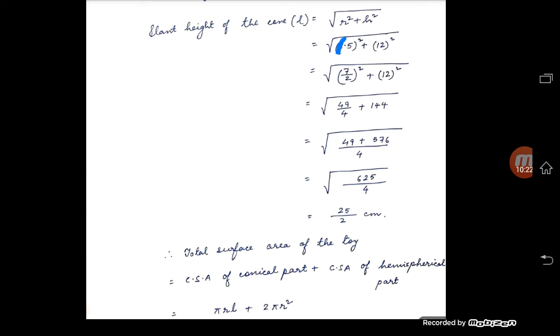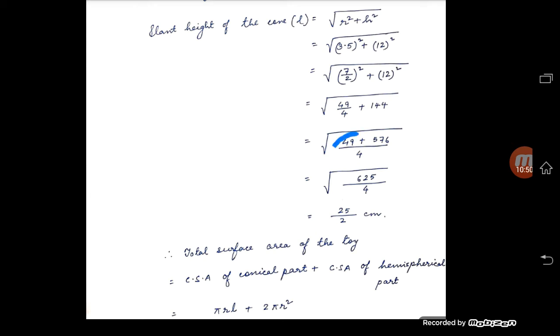Now in place of 3.5 we put 7 by 2. Since 7 by 2 is 3.5, we have 7 by 2 whole square plus 12 square, which is 144. Now 7 by 2 whole square will be 7 square, 49, and 2 square in the denominator will be 4. 12 square will be 144. Inside the square root, we take 4 as LCM for the denominator. Now what will we be left with?